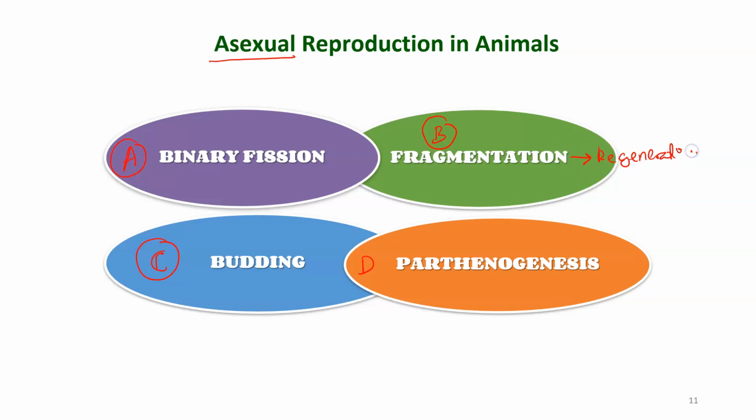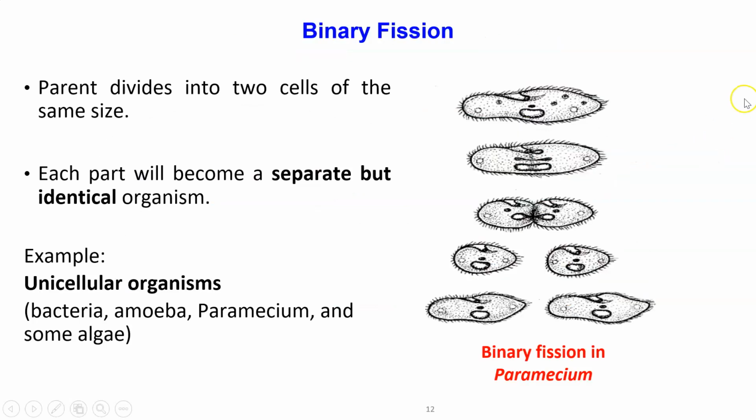Regeneration: it fragments into pieces, and then the missing part will be regenerated. So we are going to look first at binary fission under asexual reproduction.